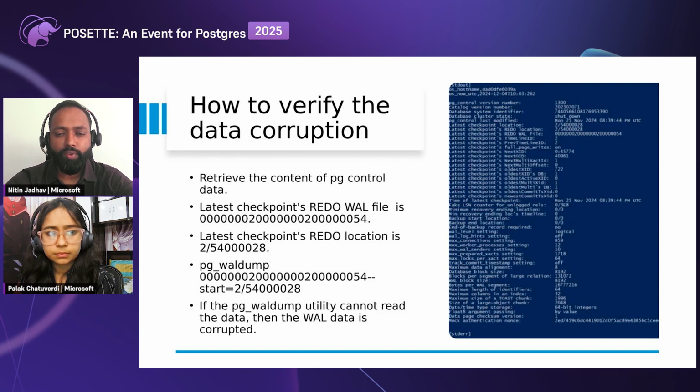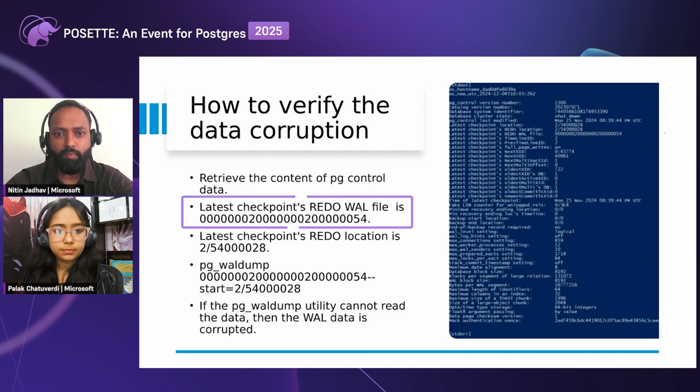For that, we can validate a few data from the PG control data file. So we need to retrieve the content of the PG control data file. From this file, we can get the latest checkpoint's redo WAL file and the latest checkpoint's redo location. And there's a tool called pg_waldump, which is used to read the content of the WAL file. This tool outputs the WAL content in human readable format.